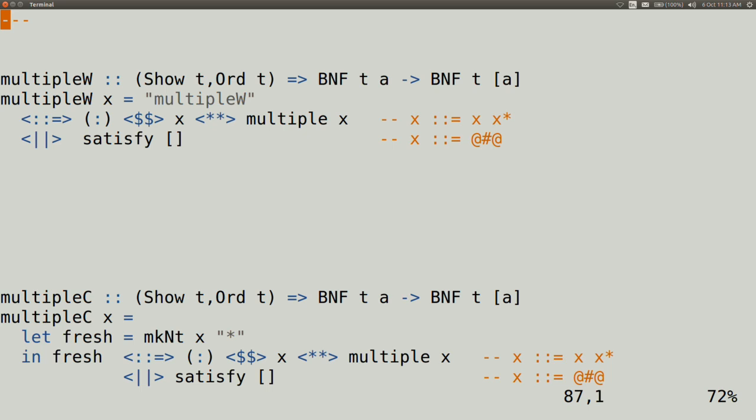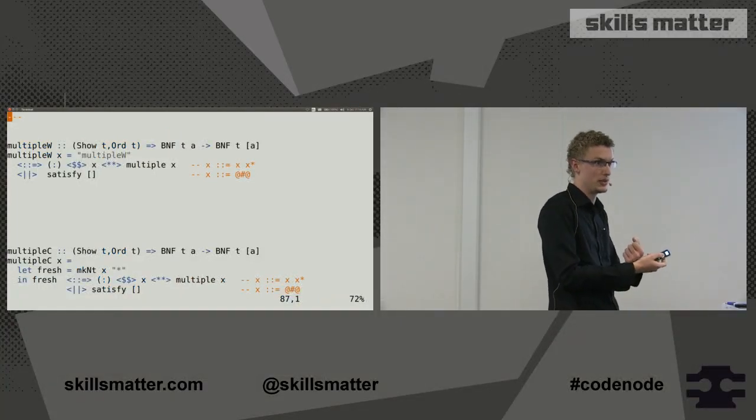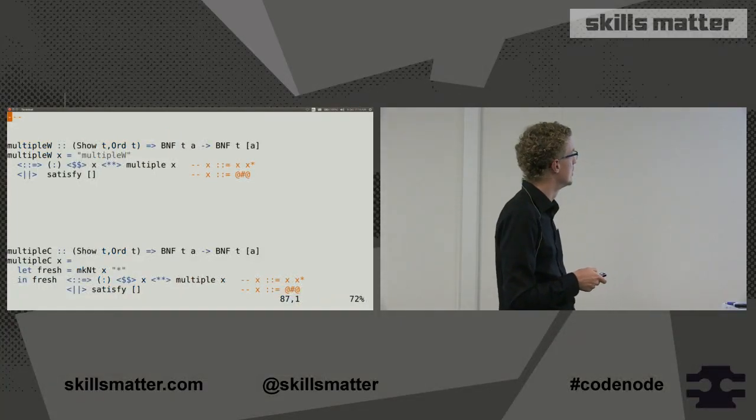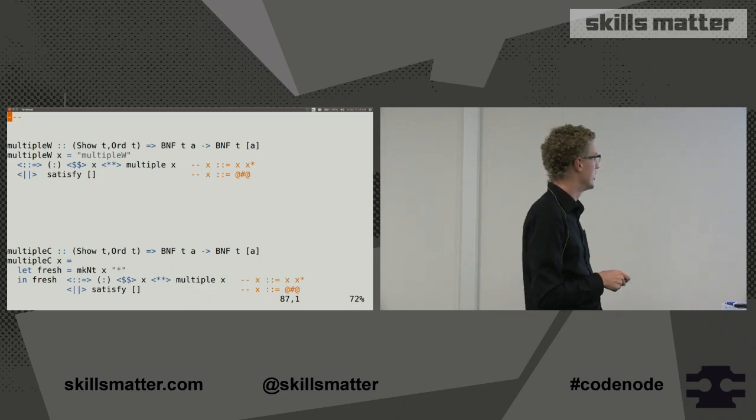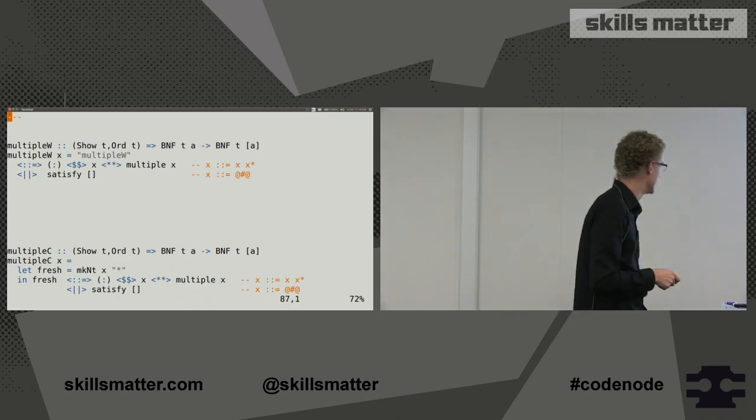So when multiple is applied to two different parsers, they will still share their results, which is of course not what we want. The solution is to combine some kind of unique name for our function with a unique name obtained from our grammar expression.